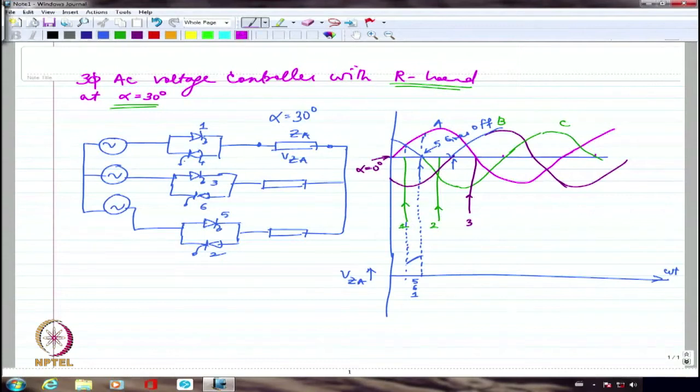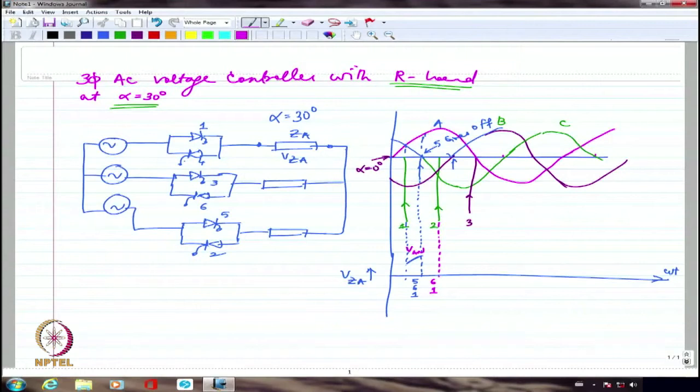But after that I am going to have 6 and 1 conducting until 2 is fired. So 2 is fired only at this point. Until 2 is fired I will have 6 and 1 conducting. If 6 and 1 are conducting, 6 belongs to B phase and 1 belongs to A phase. So it will be VAB by 2.